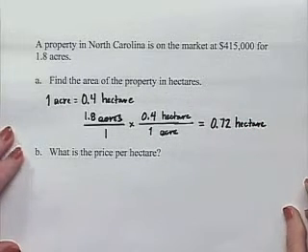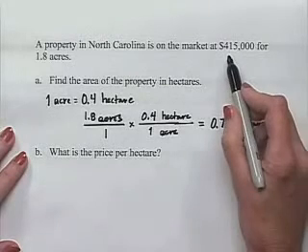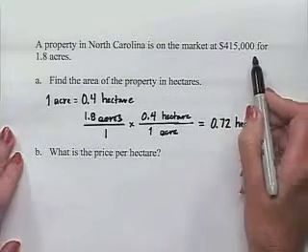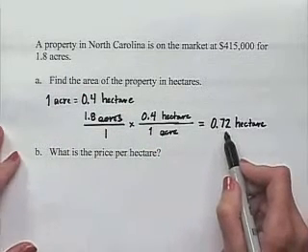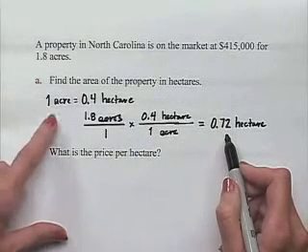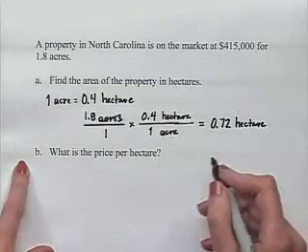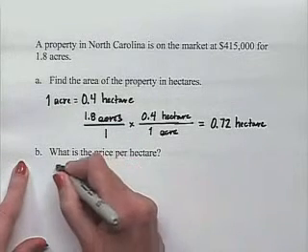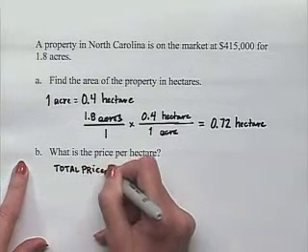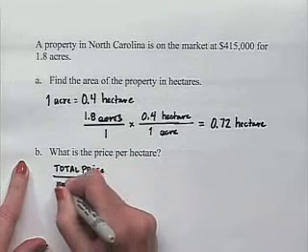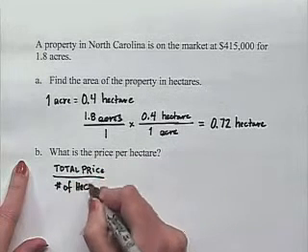So part B, what is the price per hectare? Well, what we know is that we have $415,000 for 1.8 acres. We've just determined that 1.8 acres would be 0.72 hectares. So what we're going to do here is look at our total price, divide by the number of hectares to give us our price per hectare.